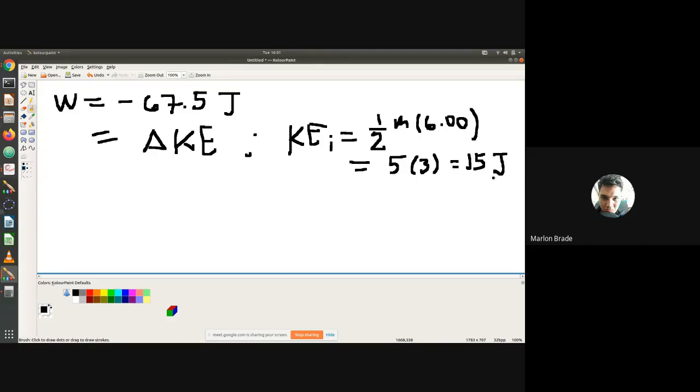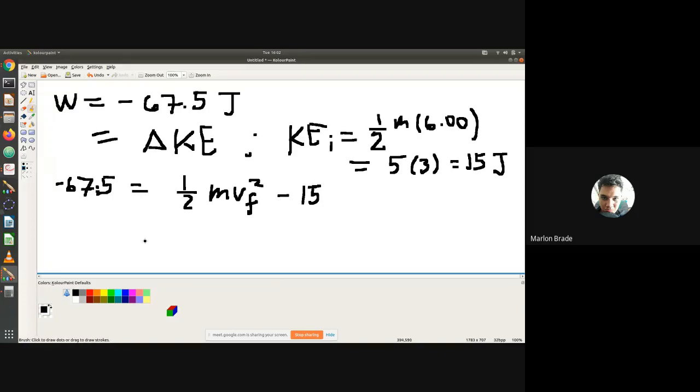Okay, so ang initial na to is 15 joules. So this is negative 67.5, is equal siya sa 1/2 mvf squared. So atong ipangita is ang final velocity.